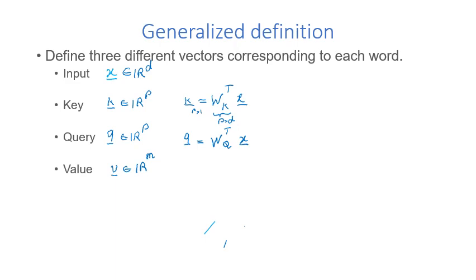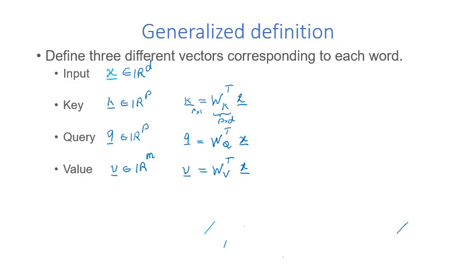Usually in the existing implementations, M is equal to P, so we use a P-dimensional vector, but it doesn't need to be P-dimensional. It could be M-dimensional, a different dimension. Key and query should have the same dimension because we want to find a dot product between them. But value could have any dimension, and the value will be WV transpose X. Okay. So we have different representations of our input in different spaces.